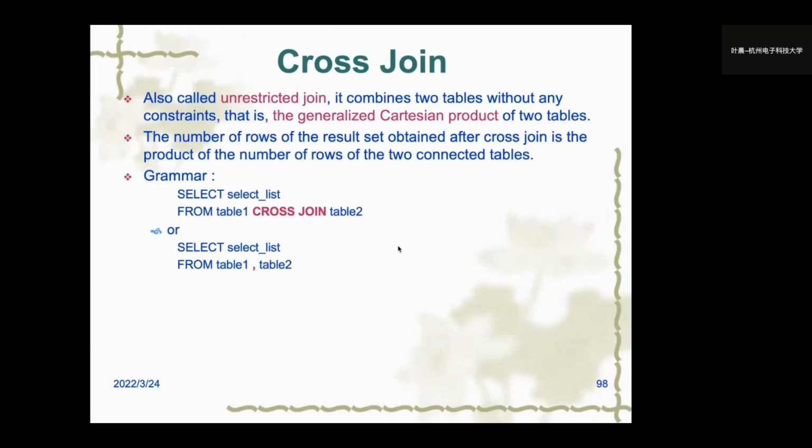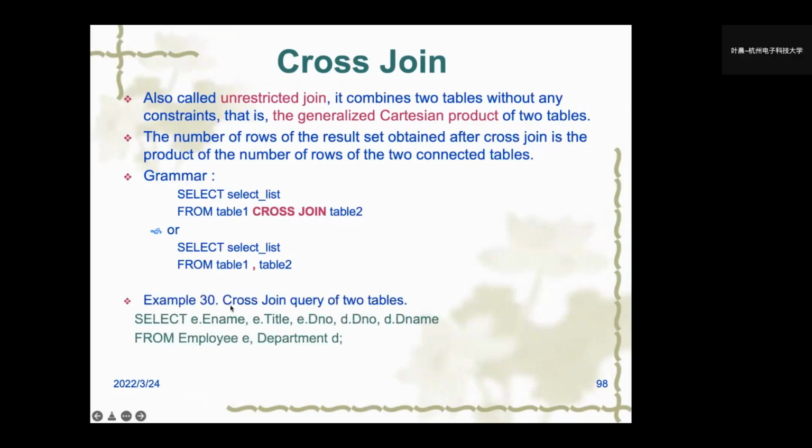So the grammar is select list from table 1 cross join table 2, or select list from table 1, table 2. For example, if you want to use the cross join query of two tables, we can use select name, title, DNO, dname from employee E, department D. So these are the names we give for these two tables.